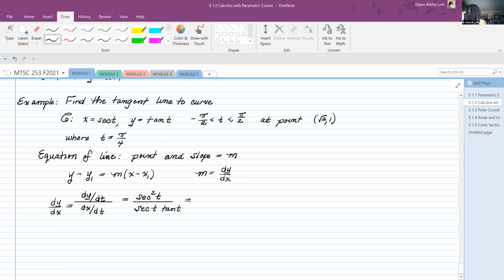All right, so I can divide out the secants and get secant t divided by tangent t. Okay, so now what's the secant of pi over 4? That's 1 over the cosine of pi over 4. That's on that little table too.